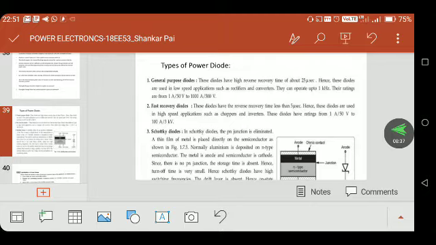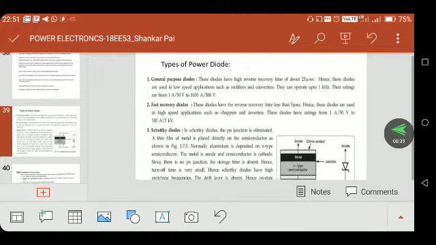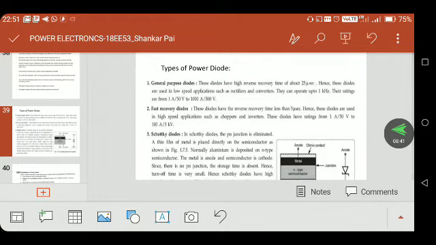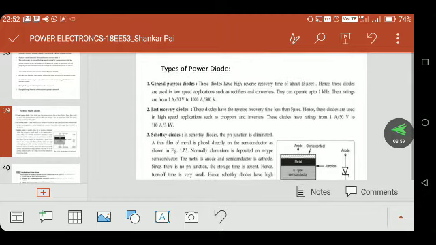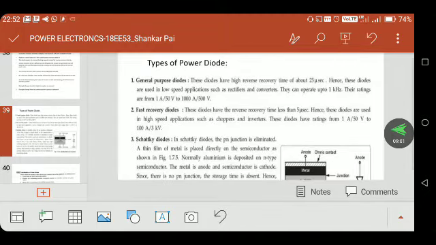Because of this, instantaneous switching never happens here; it takes a certain time. So this type of diode can be used only for low speed applications. It can be operated up to 1 kilohertz, and its ratings range from 1 amp at 50 volts to 1000 amps at 500 volts.